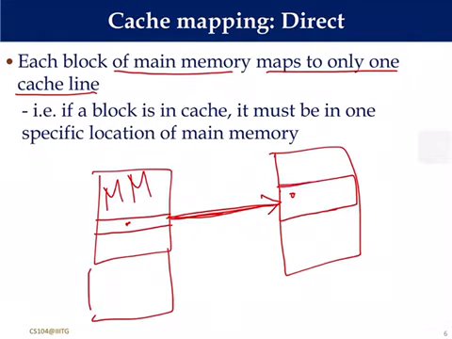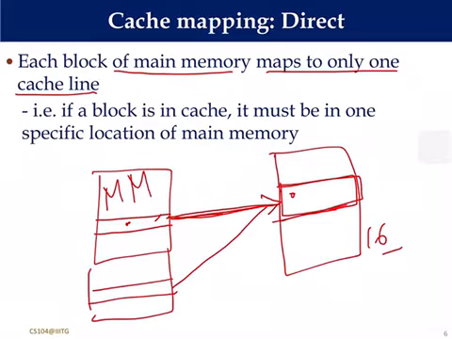So this cache block may be associated with this particular block in main memory, that's fine, but there have to be other blocks in main memory which will also be associated with this cache block, because its size is fixed. Let's say you have 16 blocks in cache, and main memory might have 160 blocks.